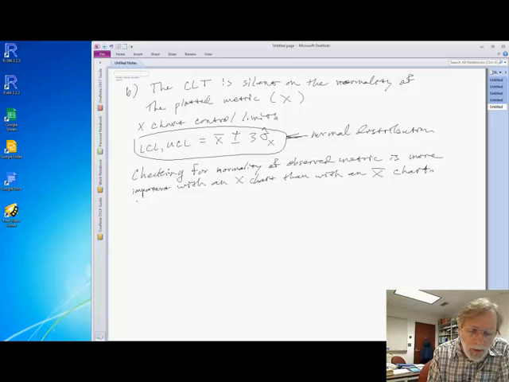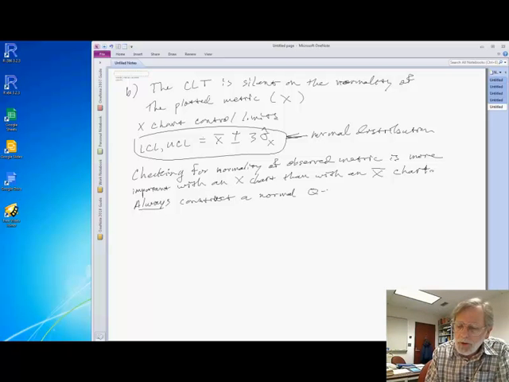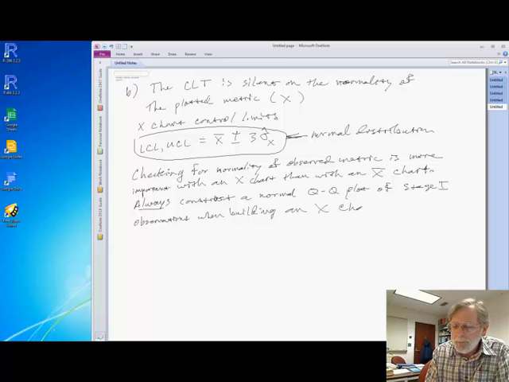So always construct a normal QQ plot of stage 1 observations when building an X chart. Transform as necessary.